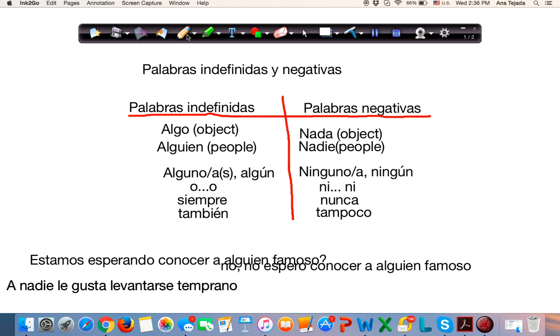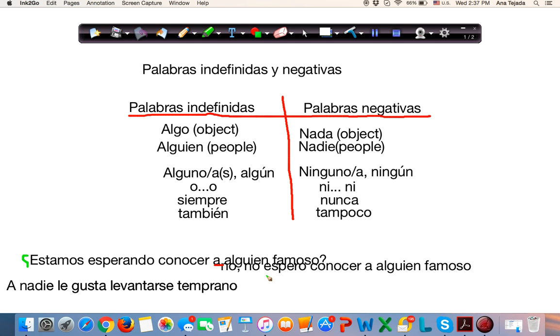Okay, let's look at the sentences. Estamos esperando conocer a alguien famoso. We have the personal a. Let's change the color so we can see. A alguien. We are expecting to meet, or to know, someone famous. It's a question, so are we expecting to meet someone famous? So we have alguien, a alguien.